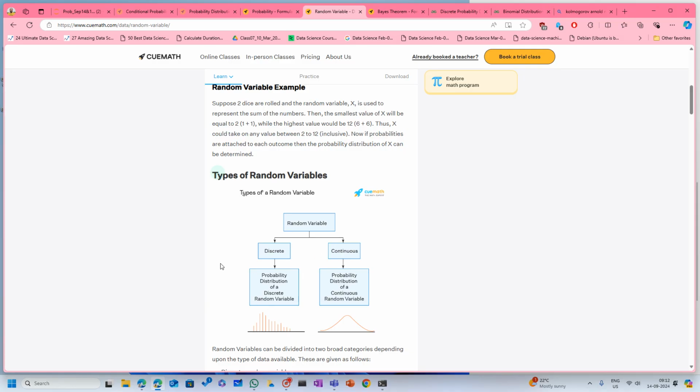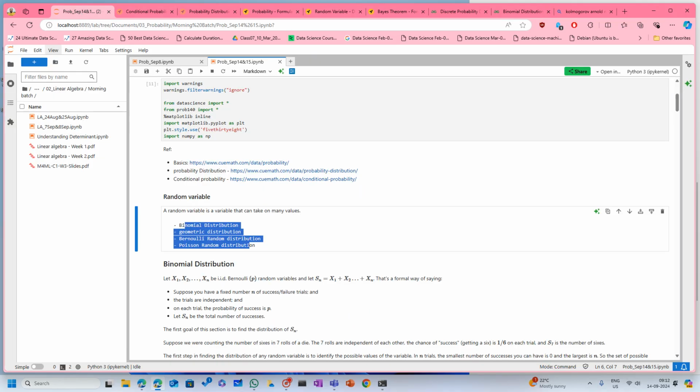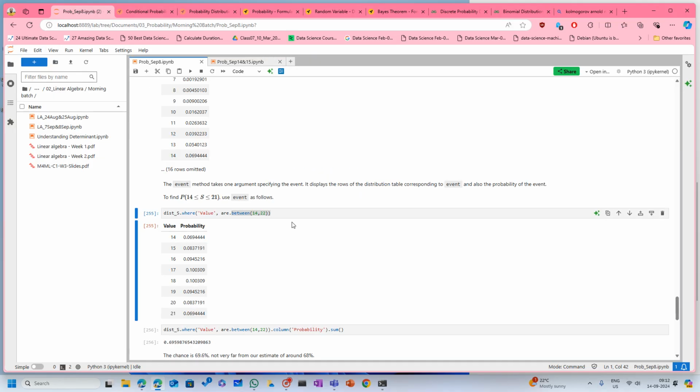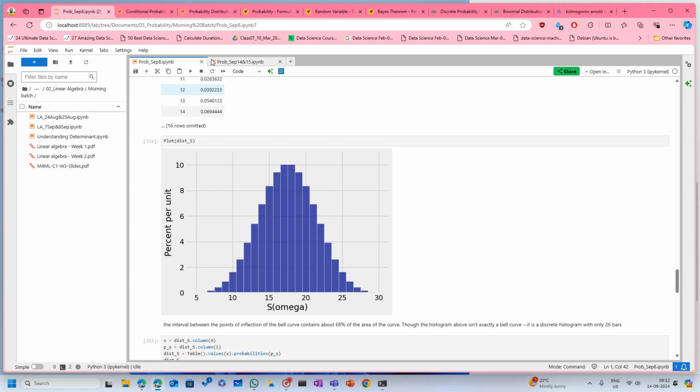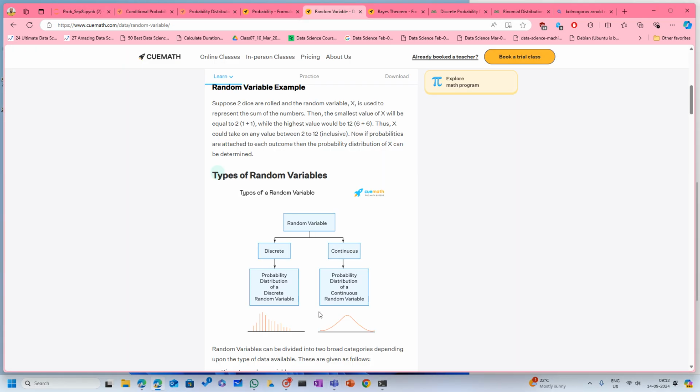So essentially, even if you don't understand this concept that well, what you have to remember is, if you get these sort of bars like what we got here, these are all bars, right? So all these bars, if you get these sort of bars, you have to understand that you're talking about discrete random variables.